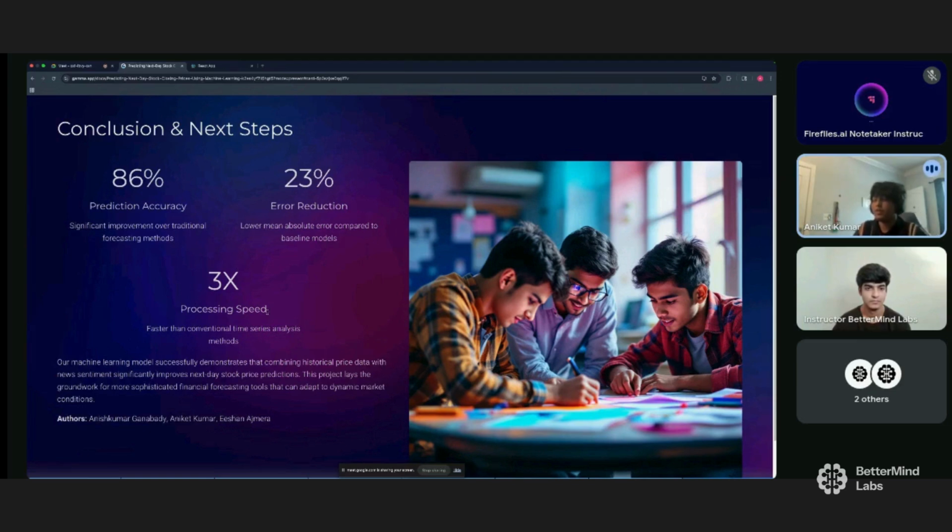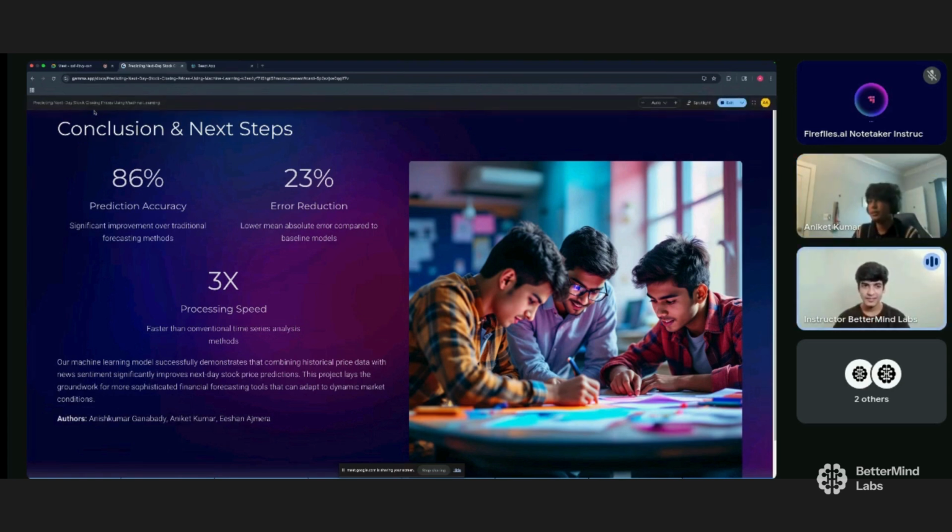For processing speed, we would love for it to become a little bit faster. And our machine learning model successfully demonstrates that combining historical price data with news sentiment significantly improves next day stock price predictions. This project lays the groundwork for more sophisticated financial forecasting tools that adapt to dynamic market conditions. Thank you. By Anish, Aniket, and Ishan.